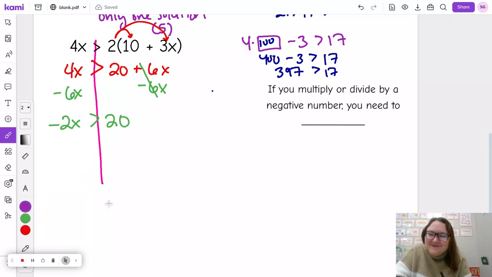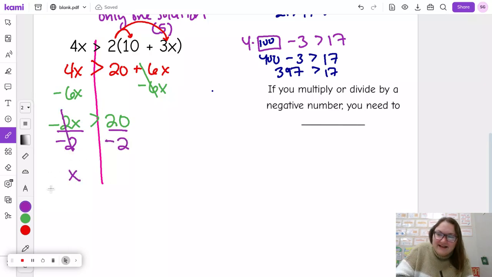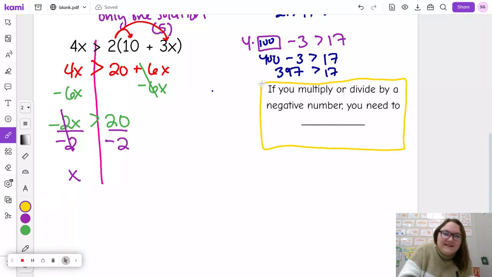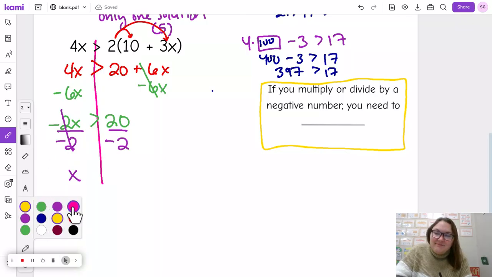One step left. What's the last thing I've got to do? This is multiplication, so to get x by itself, I have to divide. I'm going to divide by the number I want to cancel out, which is that negative 2. And so that gives me my x all by itself. This is where it's different. Notice over here we've got this little note here. The one thing that's different about when you solve inequalities is if you multiply or divide by a negative number.